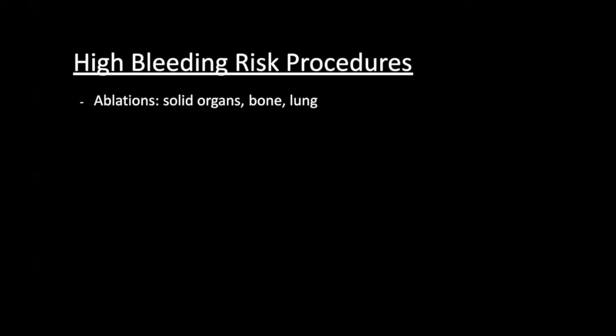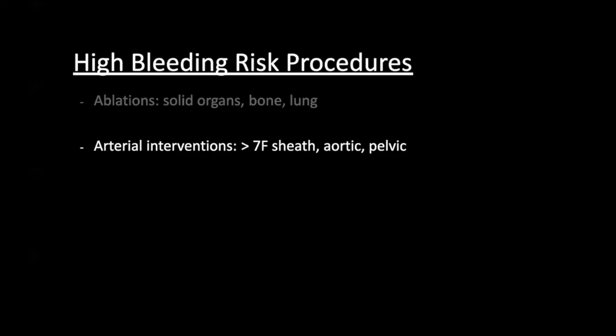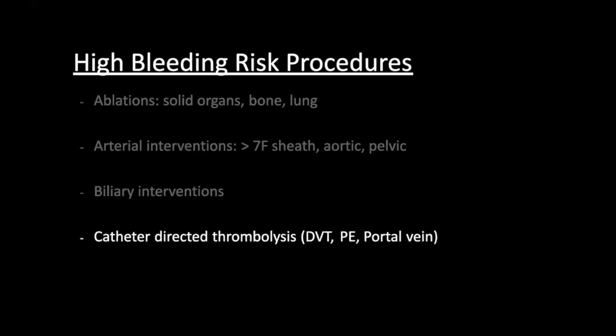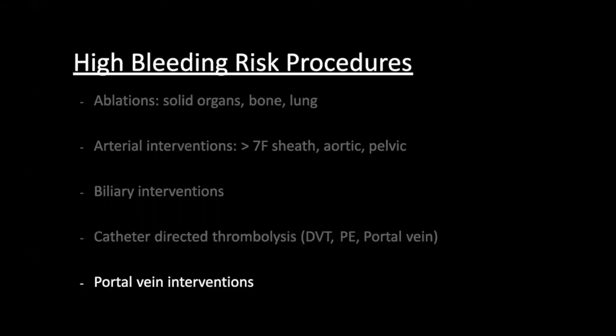High bleeding risk procedures involve ablations for solid organs and bone, arterial interventions where you expect to use large sheaths, at least above 7 French, biliary interventions, catheter-directed thrombolysis like in DVT, portal vein thrombosis, pulmonary embolism, portal vein interventions, and many procedures that we can see from the guidelines.